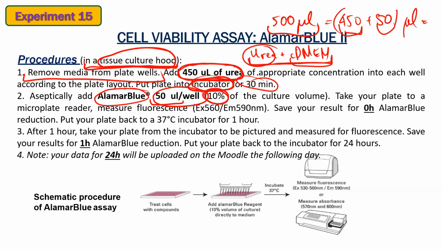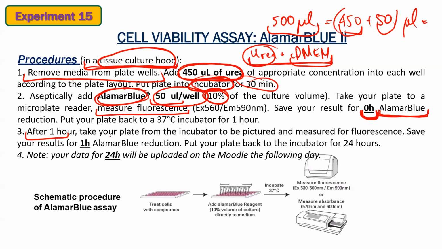And after 30 minutes, when they feel comfortable, you add Alamar Blue, which is 10% of the culture volume, and you go to your measurement of the fluorescence. Why do you want to do that? You want to have a snapshot of 0 hours. And in this case, of course, you understand the initial setting for your experiment.